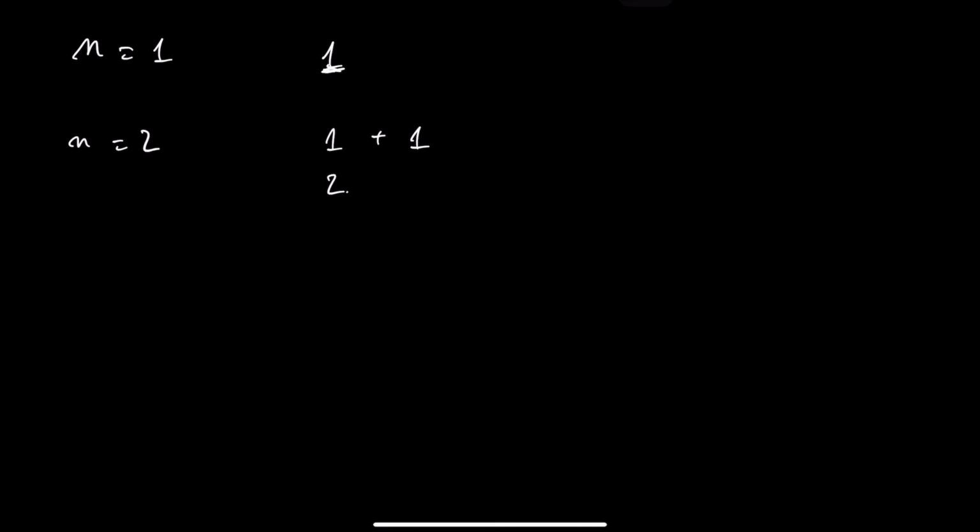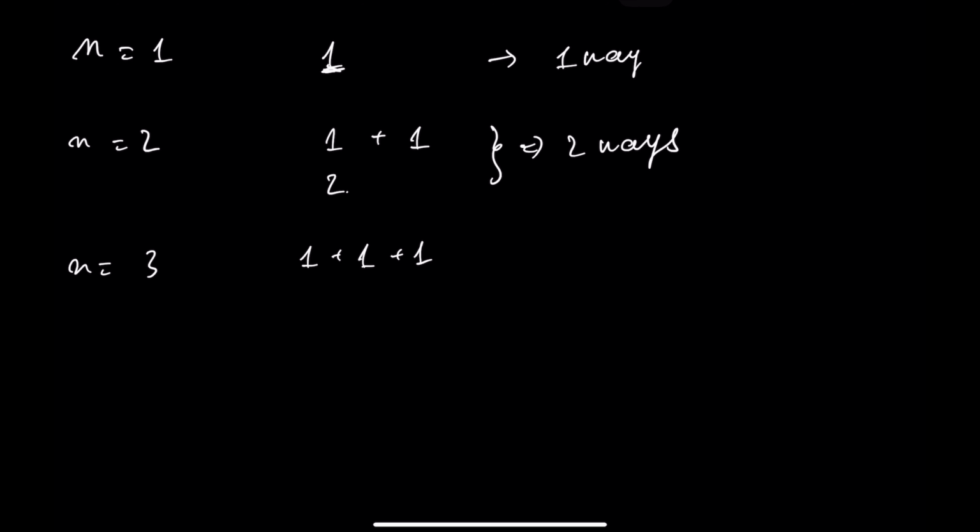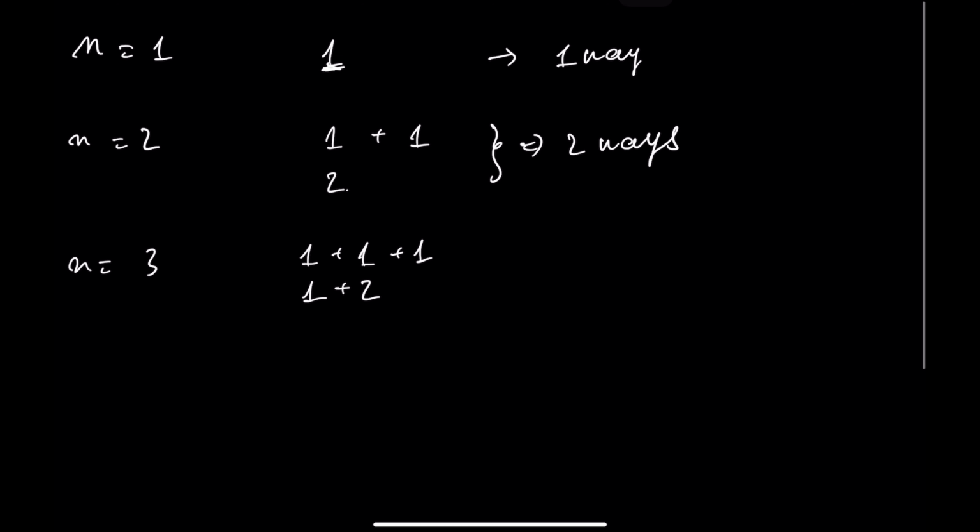So this one is 2 ways. Then with n equal to 3, we have 1 plus 1 plus 1, then 1 plus 2, 1 step and then 2 steps, and then 2 and then 1 step. With that, we know that n equal to 3 has 3 ways.